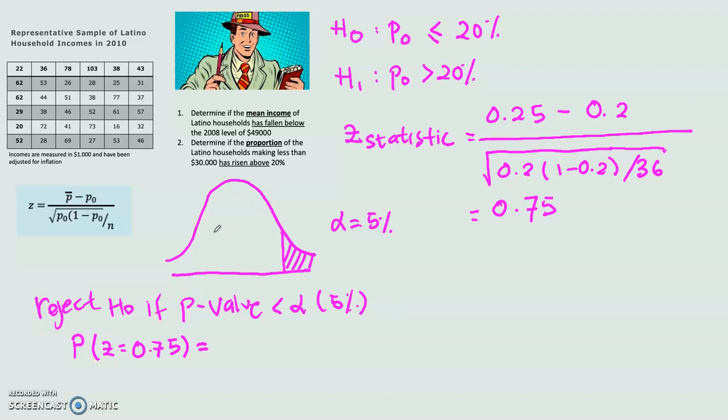Remember, 0.7734 is this area. So the p-value should be 1 minus this area, so it's 1 minus 0.7734, which is equal to 0.2266.